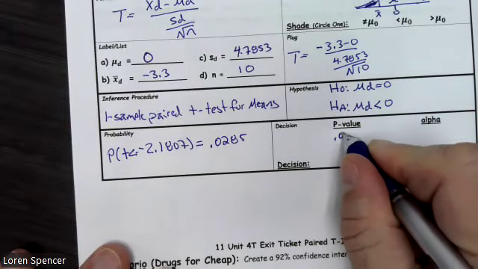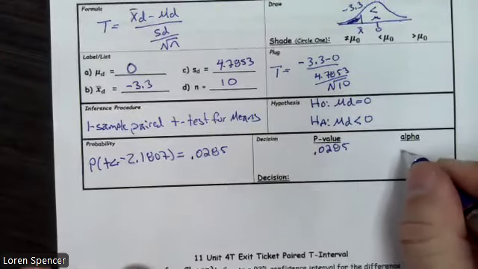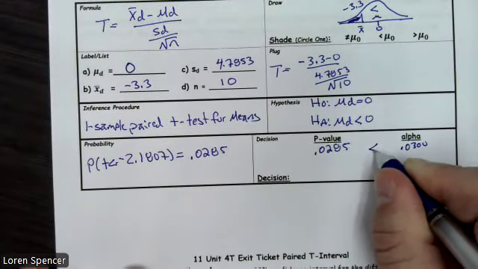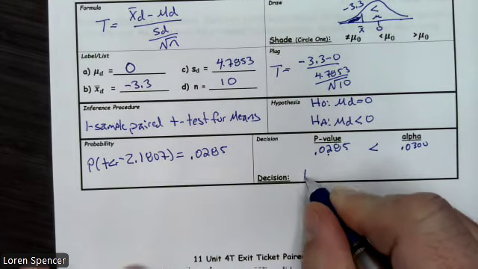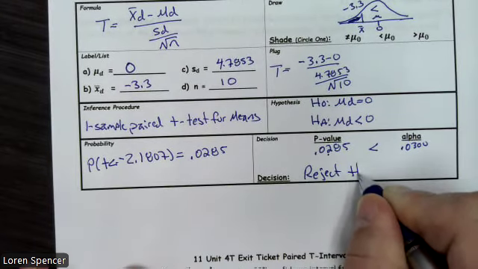So our p-value is 0.0285. Sliding back up, it tells us at the 3% level, so this is alpha 0.03. And 0.0285 is less than 0.03. So with our p-value being less, we're going to reject the null.